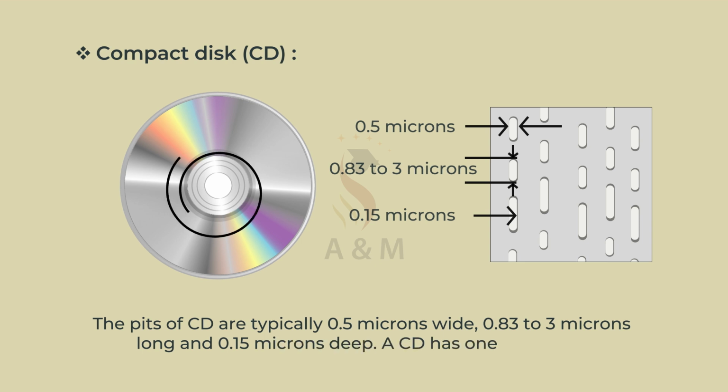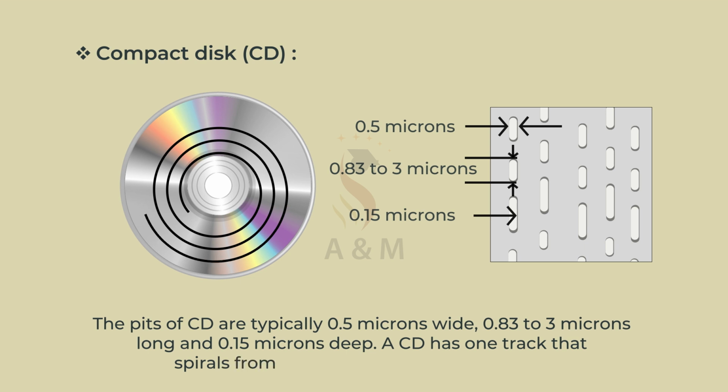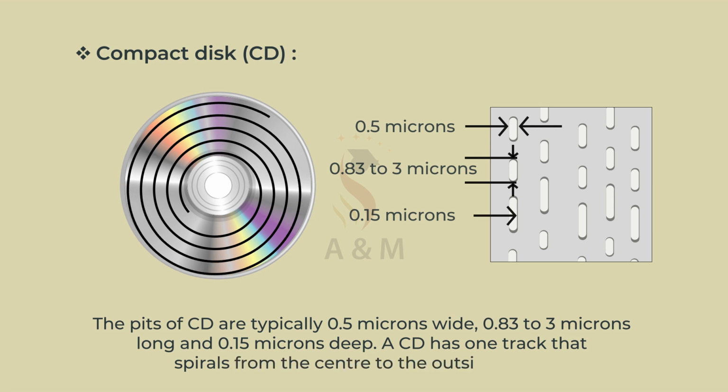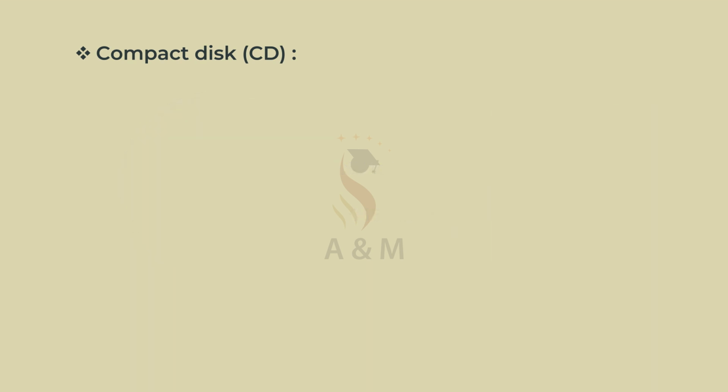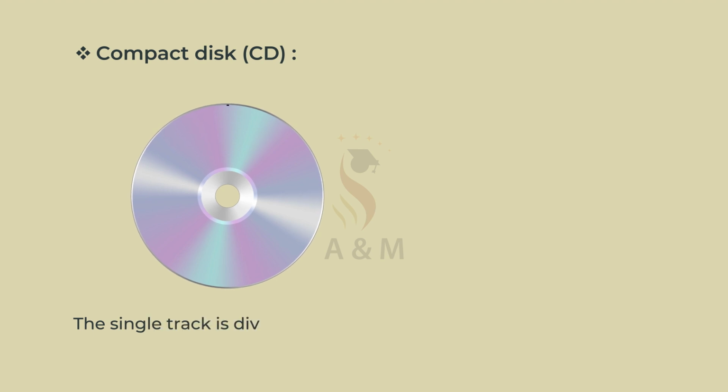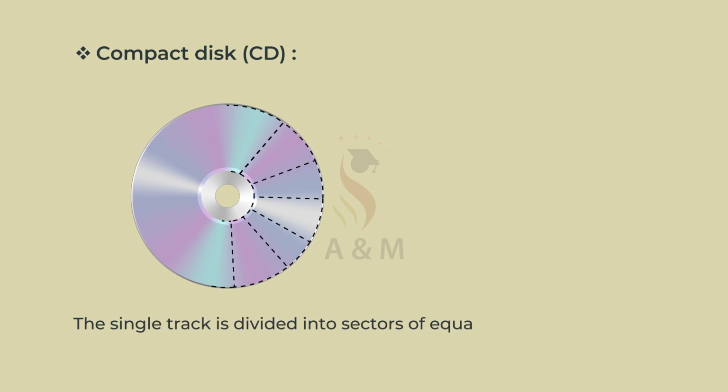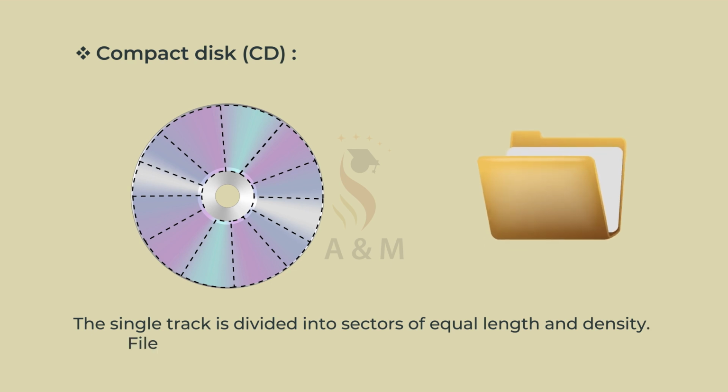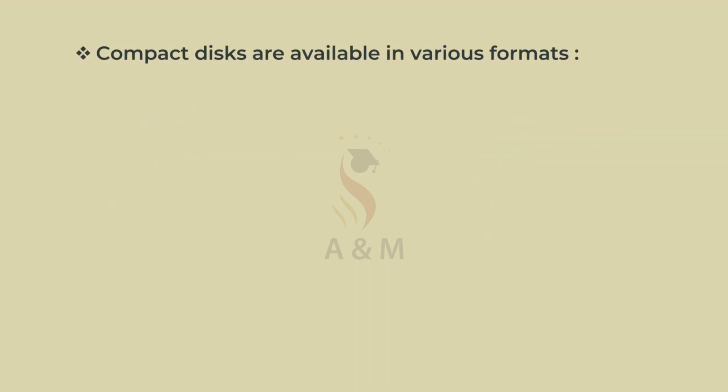A CD has one track that spirals from the center to the outside edge. The single track is divided into sectors of equal length and density. Files are stored on these particular contiguous sectors. Compact discs are available in various formats.